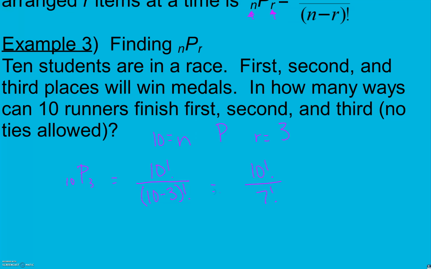Okay, we can simplify this if we wanted to. 10 times 9 times 8 times 7 factorial over 7 factorial. 9 times 8 is 72 times 10 is 720.